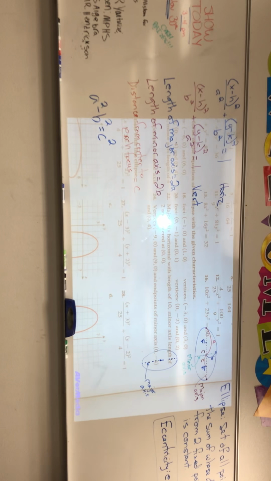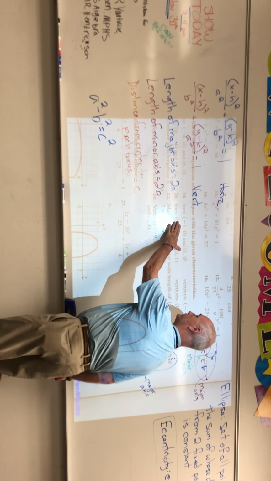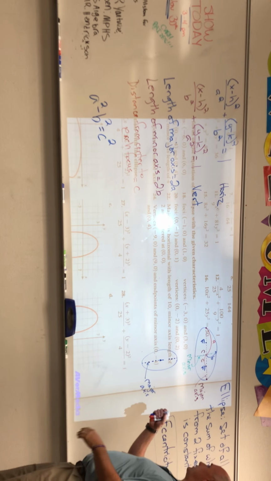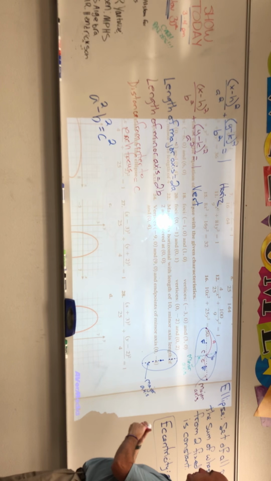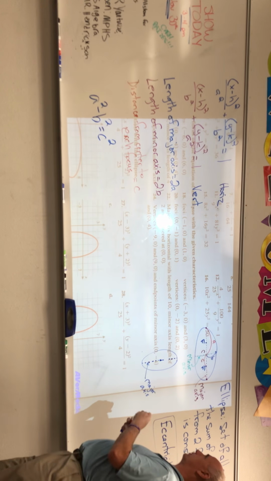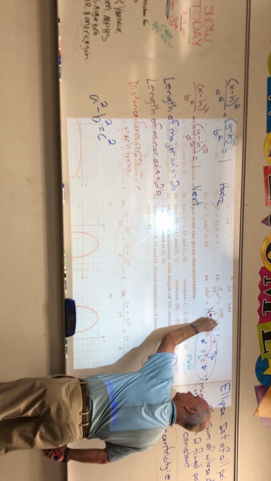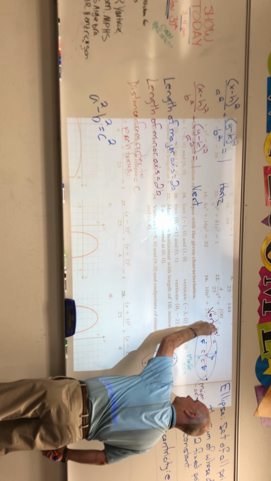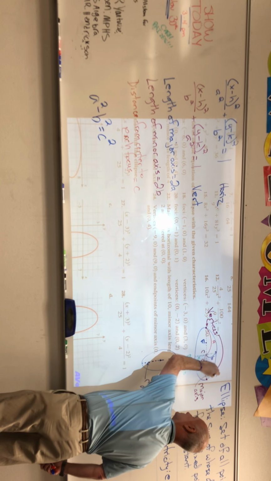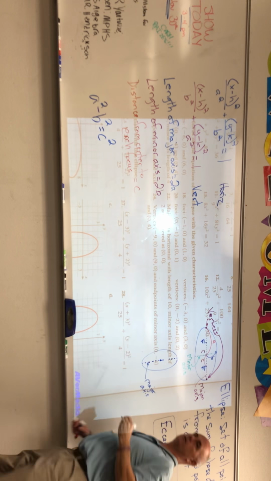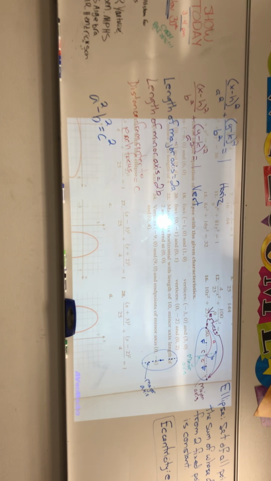Right now, we have foci and we have vertices. I have not told you yet, and I'm delinquent in my duties in that regard: the vertices are the endpoints of the major axis.